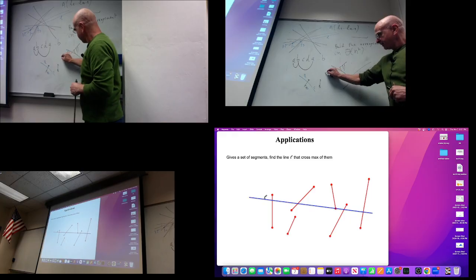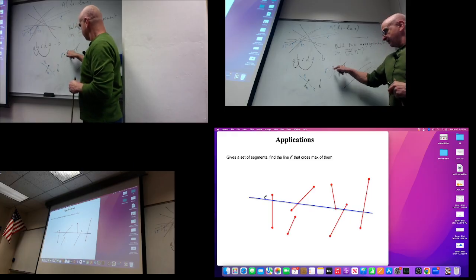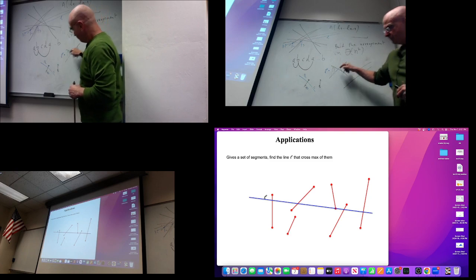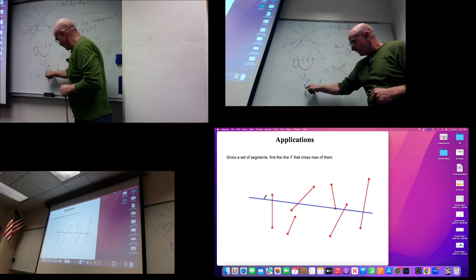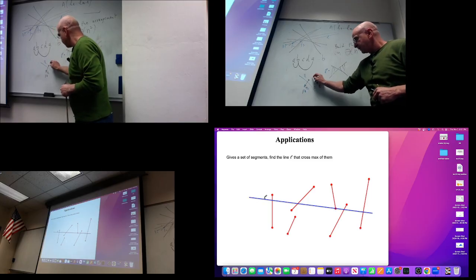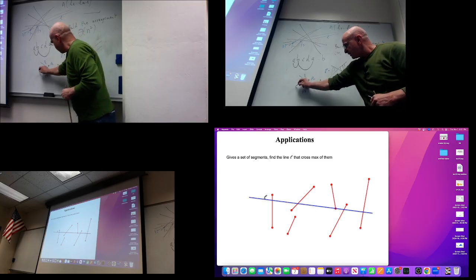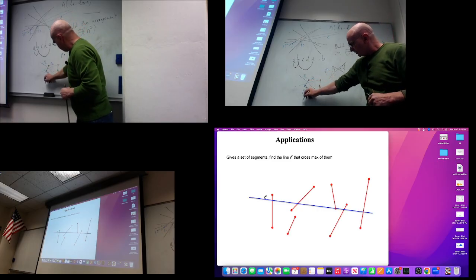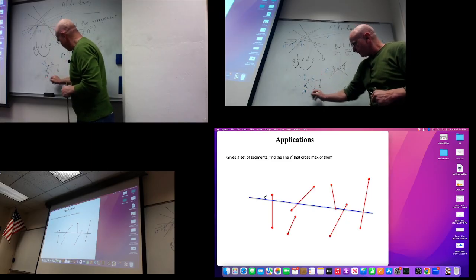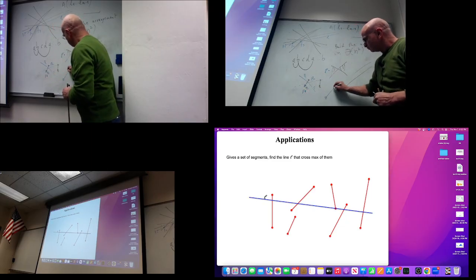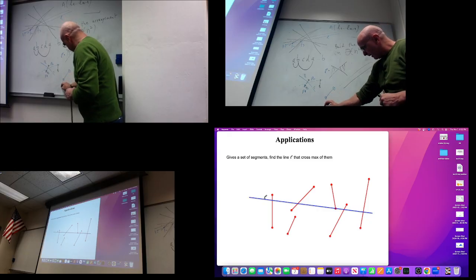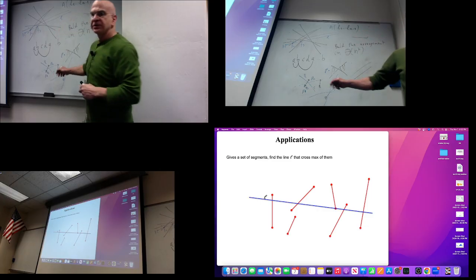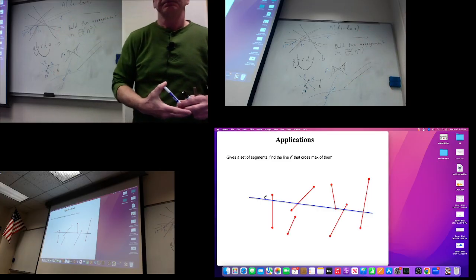It's a point L star that is inside the double wedge, because a line can have either P1 below it and P2 above it, or the opposite. Here is my segment, and my line has either this point below and this point above, or this point above and this point below. Can we still do a line sweep?